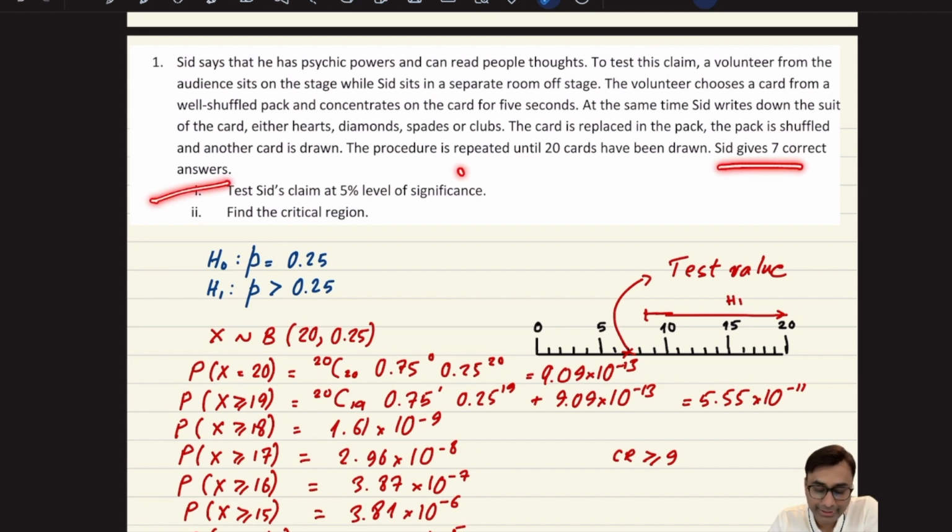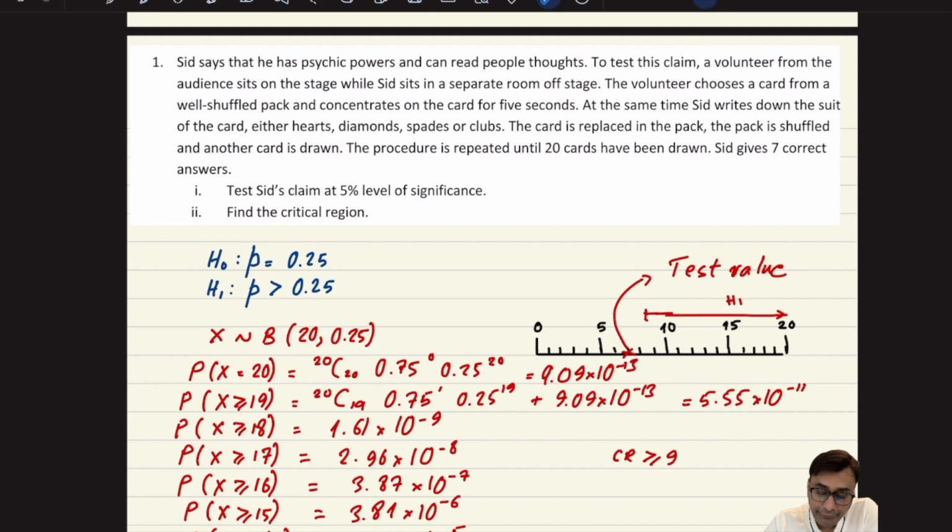So we have to test Sid's claim at the 5% significance level, and we will also have to find the critical region for that. We can do it in the opposite order: let's first find the critical region, and that way we will very quickly be able to test Sid's claim. Since you are picking a card from a well-shuffled pack of cards, the probability of selecting a particular suit is going to be 1 over 4, or 0.25, and he does that 20 times.